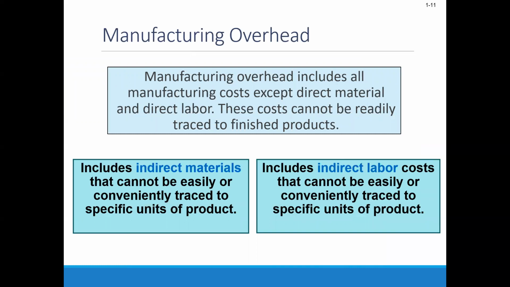Manufacturing overhead includes all manufacturing costs except direct materials and direct labor. These costs are huge, but you can't really trace them to a specific product. That's why we lump them in this bucket called manufacturing overhead.